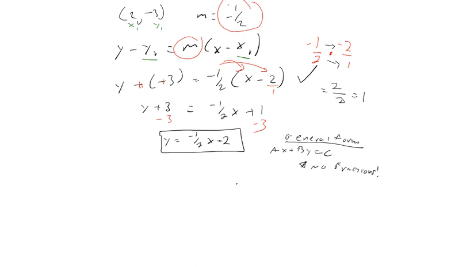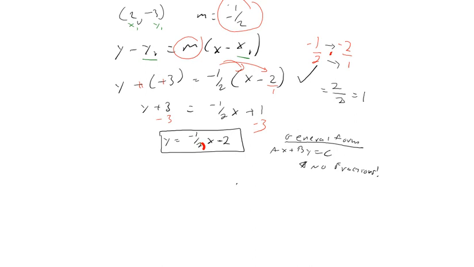All right, but back to general form. If I want to make this into general form, I need to put the x's and y's together, and I need to have no fractions. So how can I cancel a fraction, this -1/2? To cancel a fraction, we have to multiply by the denominator, this 2 on the bottom.